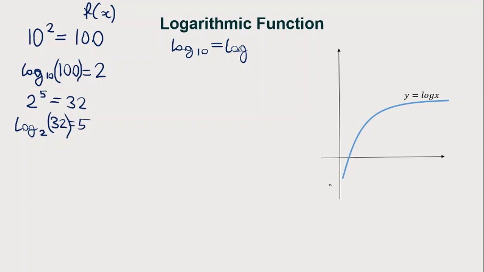Okay, so again, we want to discover or talk about the behavior of the log function. So here we have log to the base of 10, using that convention, of x. So if x goes to positive infinity, so that means if it keeps growing and growing on the x-axis, then what happens to f of x?